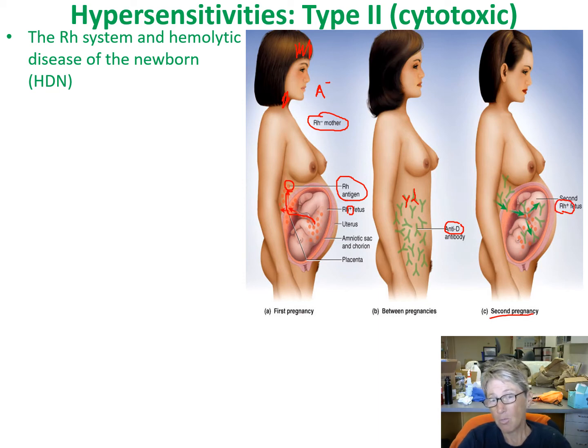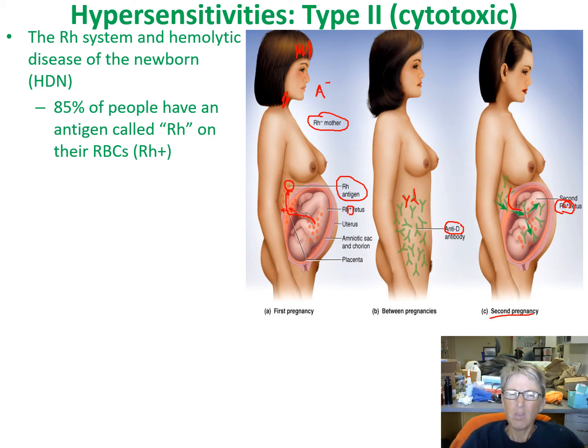Now, those anti-RH or anti-D antibodies may cross the placenta, and those antibodies will bind to the RH antigen on the RH positive fetus and destroy the red blood cells. And that's hemolytic disease of the newborn.